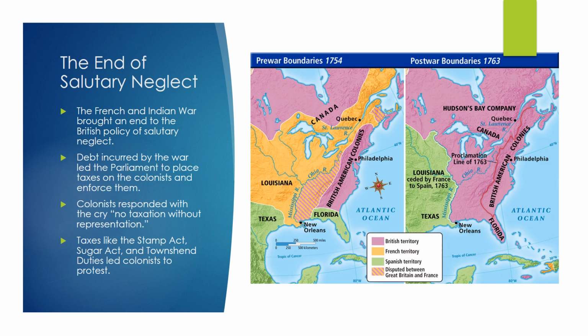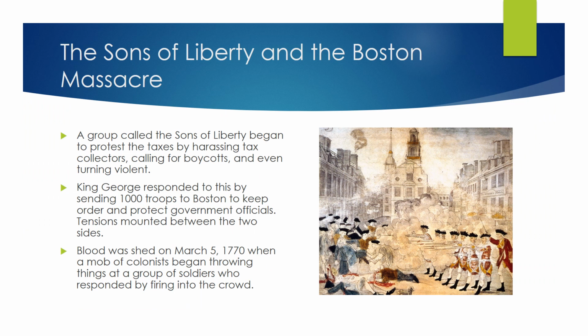Sugar was very expensive, and so the ordinary person wasn't really affected by the Sugar Act. The Townshend duties, which taxed tea and paint and lead, and then several others. And so these taxes are going to lead to protests in the colonies.